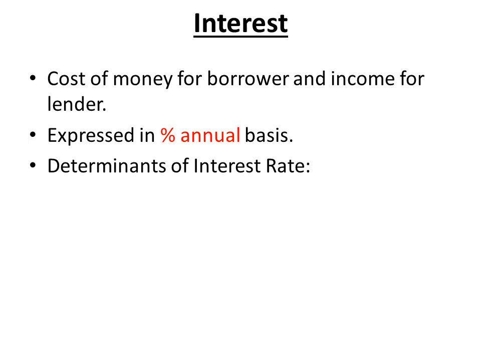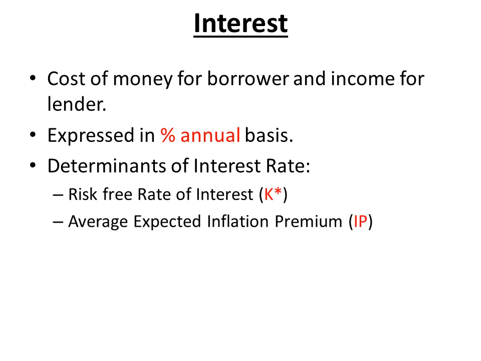Determinants of interest rate. What are the elements that affect the interest rate? What are the components of interest rate? Risk free rate of interest K star, and the average expected inflation premium, which is the average mean value of inflation, IP.